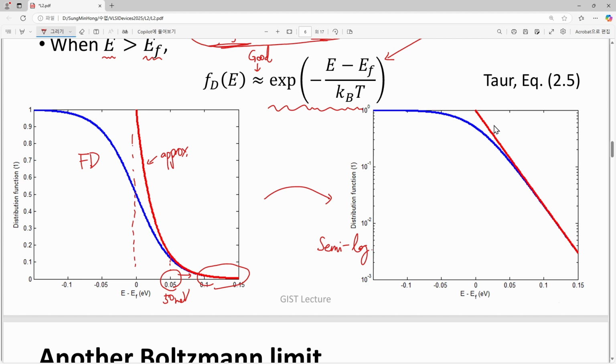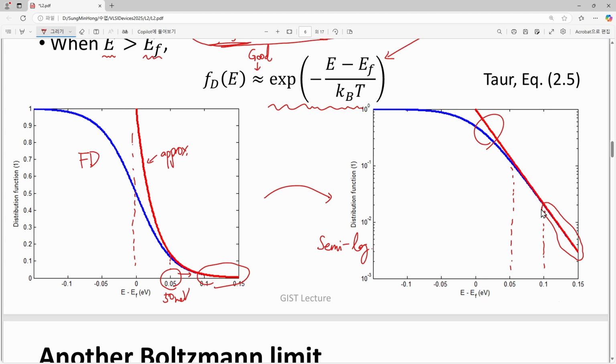And you can see that here we have quite a big difference. But now, for example, above 50 millielectron volt, the difference becomes quite small. For example, if we go to 4 times of kBT, yes, now the difference looks really negligible. So this is a good approximation for our Fermi-Dirac distribution function.